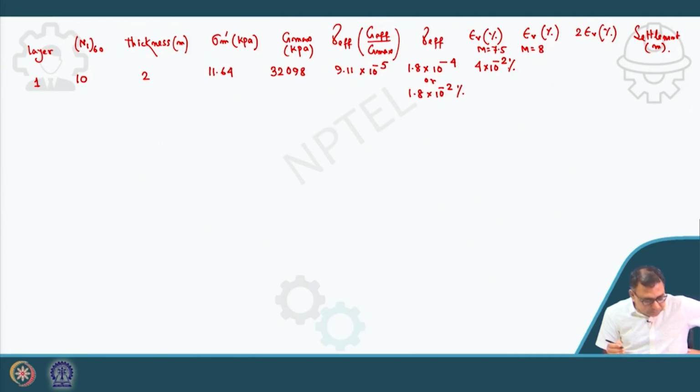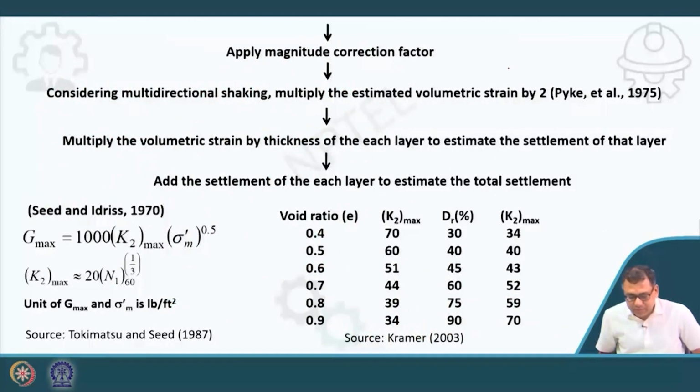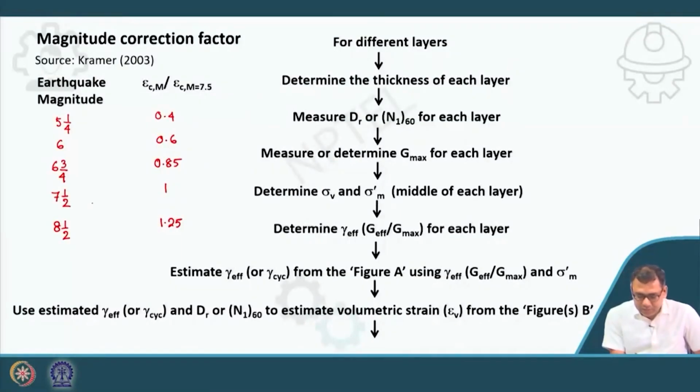But remember that that is for your moment magnitude 7.5. Now, we are designing for 8. What is the value I will consider? Factor. So for 7.5 it is 1, for 8.5 it is 1.25. So for 8 I can take 1.125.